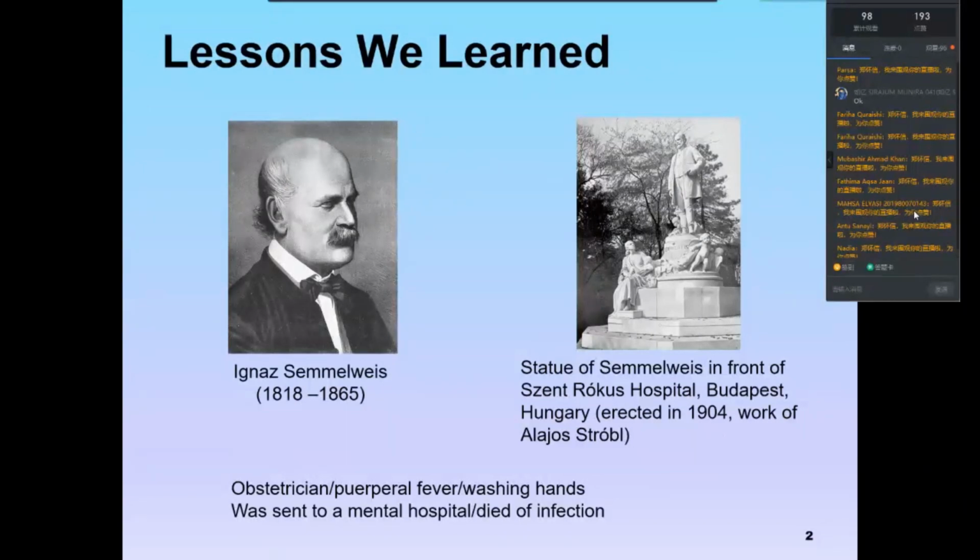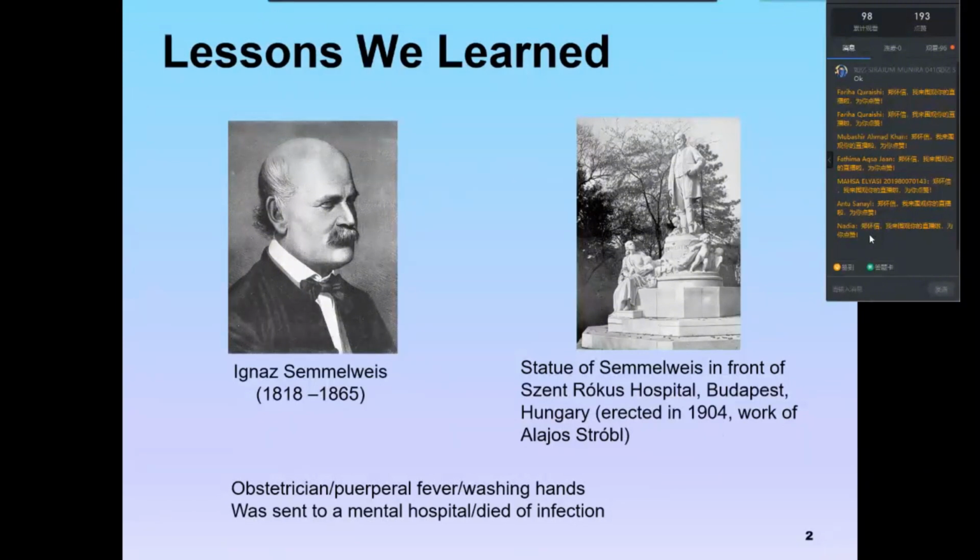And several weeks after he was sent to the hospital, he died there. He died of infection, and he did great job on preventing infection, but he died of infection. It's a sad story. So this is the first pioneer doctor, a Hungary doctor.